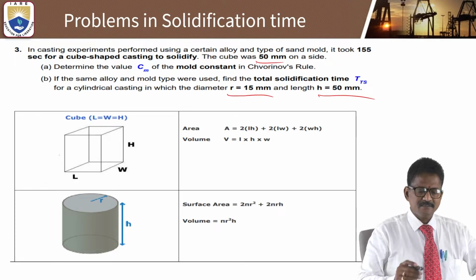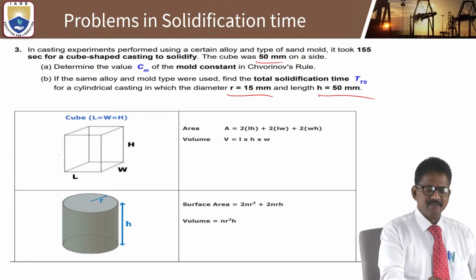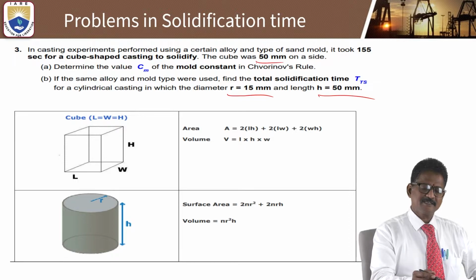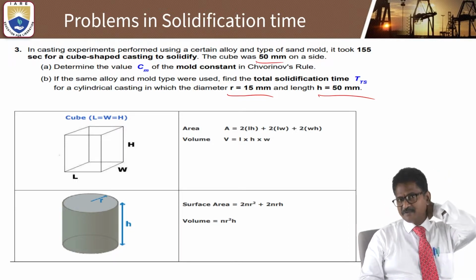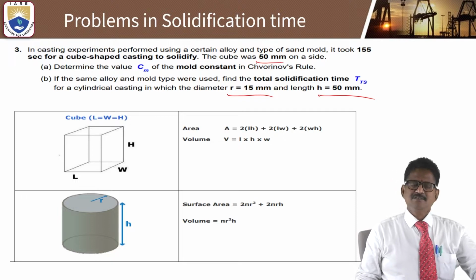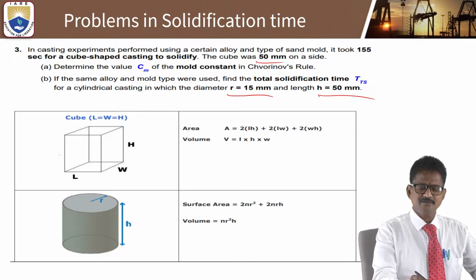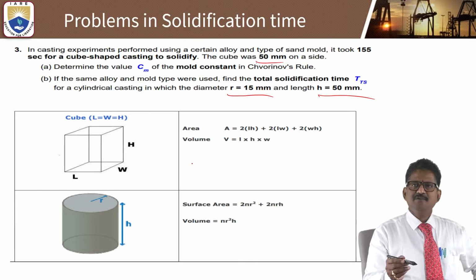Look, you already know about the cube and cylinder. This is the cube. A cube is explained with length, width, and height, and all are equal, so the volume of the cube is L into B into H.